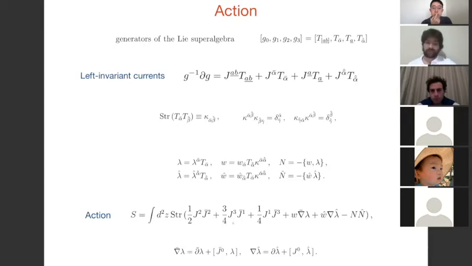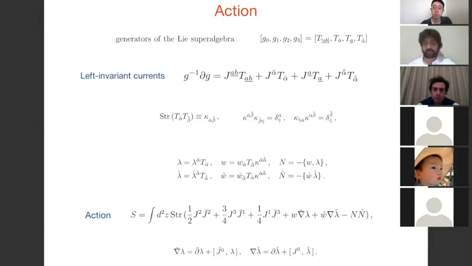It's not very complicated when written in terms of the supertrace. And you have this lambda, that's the pure spinor ghost. So you have two of them, and then this omega is the conjugate momentum of this pure spinor, and these are some covariant derivatives that this pure spinor transforms under, this gauge transformation here of the denominator of the coset.